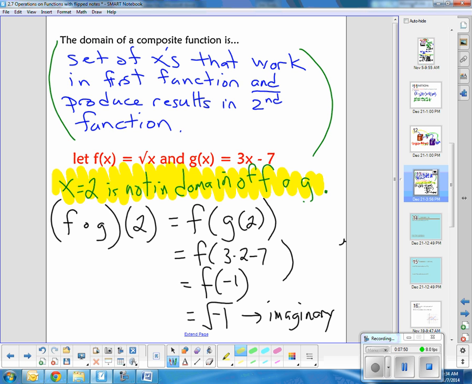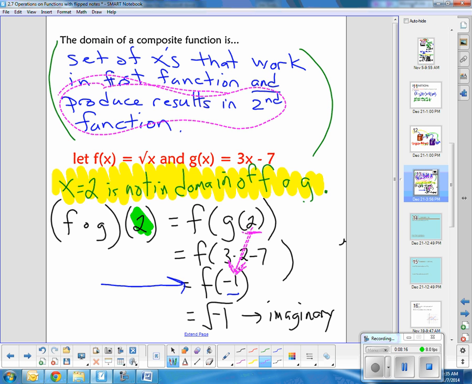We may have started with x equals 2, but when we got to the function f, we weren't putting a 2 into the f. We were putting a negative 1 into the f. That 2, while it worked in the first function, its result did not work in the second function. And so that was bad for us.